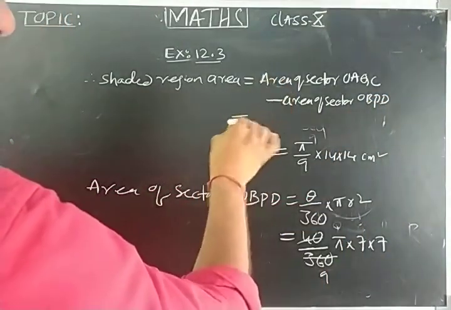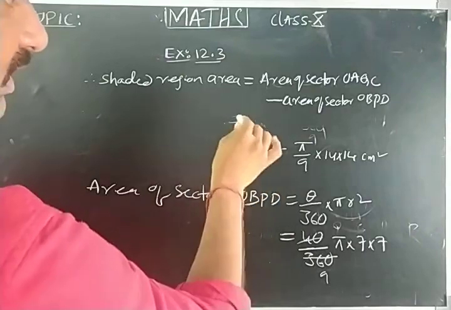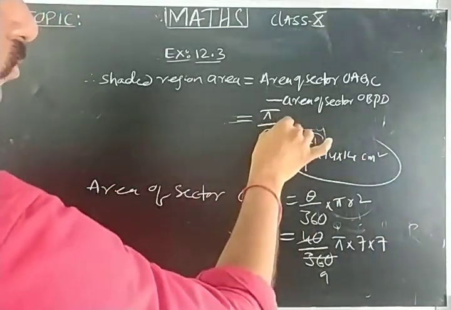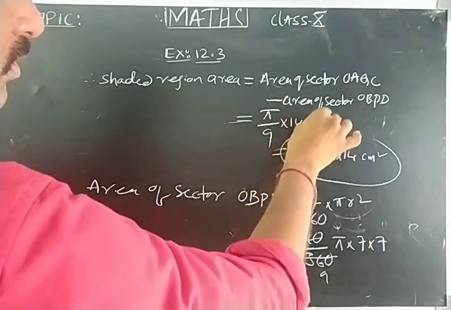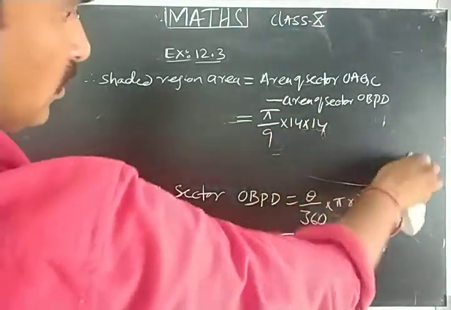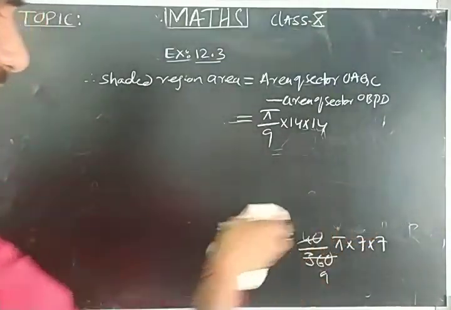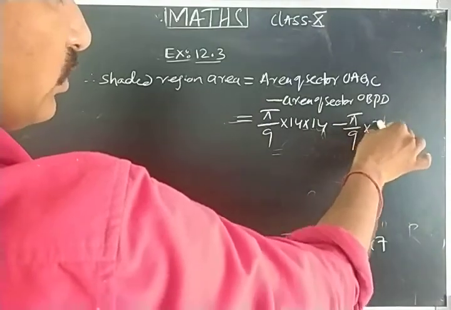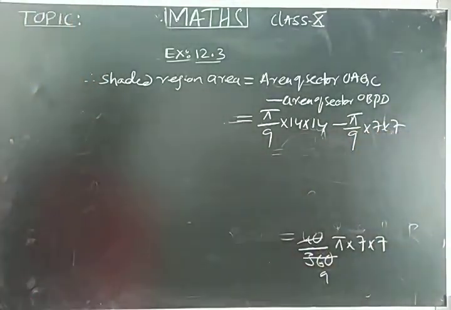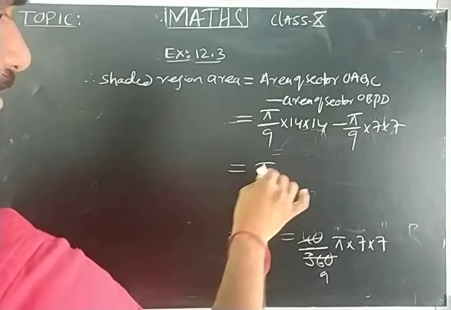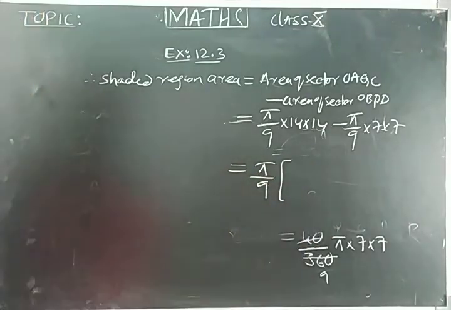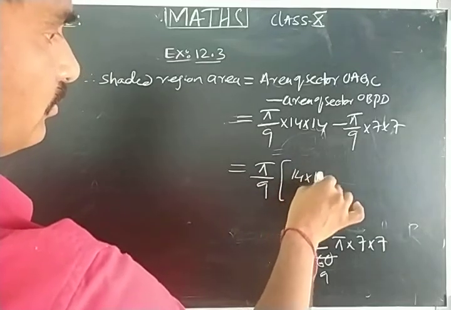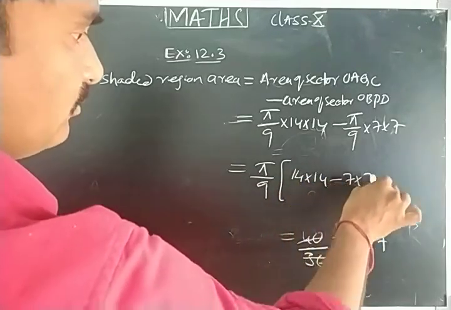So already we got the area of sector, that is here we have the value pi by 9, 14 into 14. Okay. Now minus pi by 9, 7 into 7. Right? Now I am taking pi by 9 common. 14 into 14 minus 7 into 7.